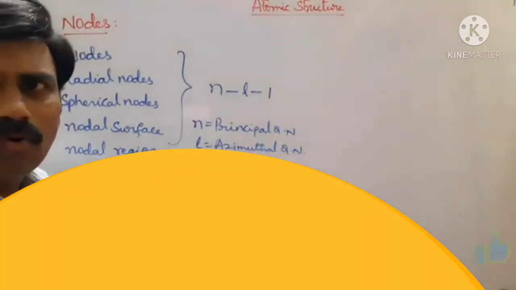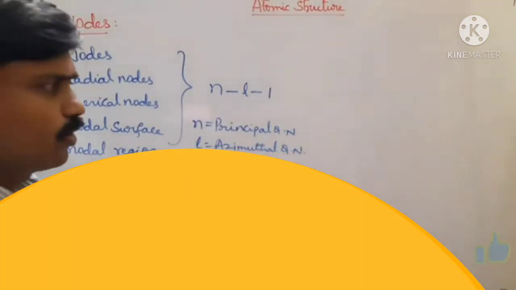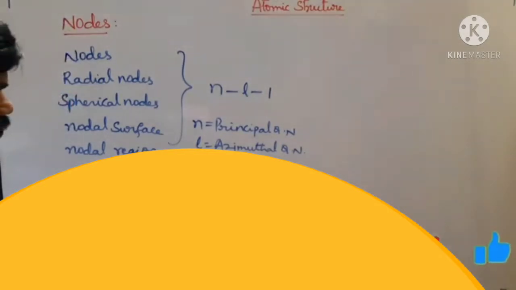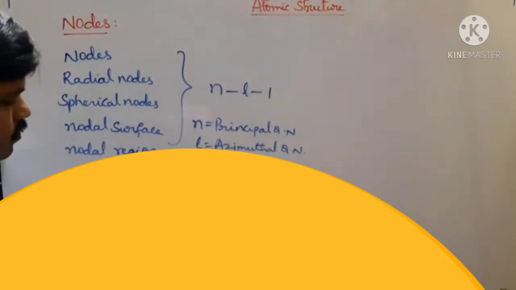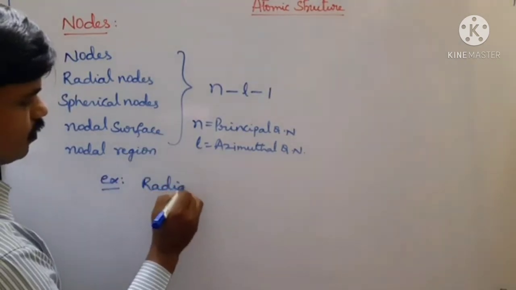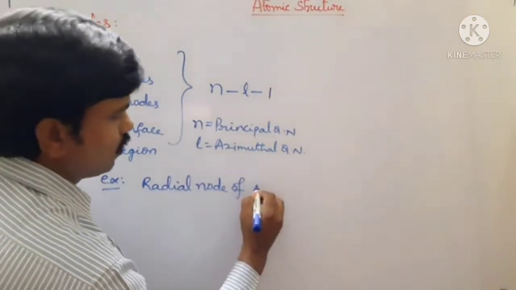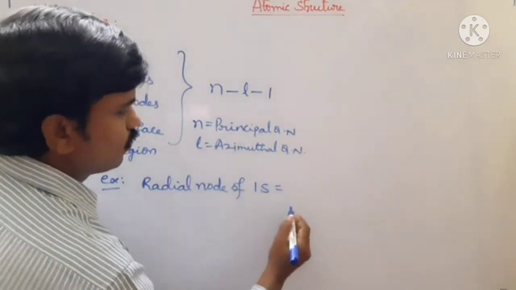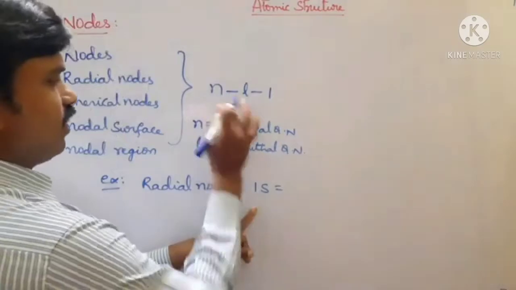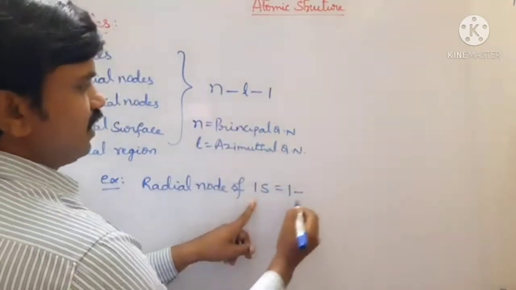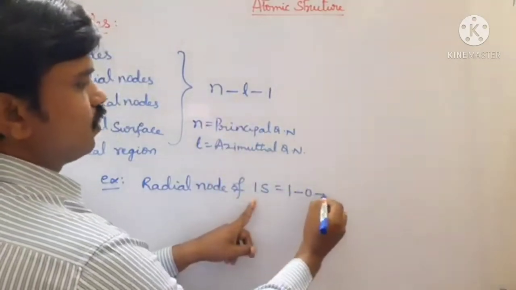Look at an example for calculating node or radial node. Radial node of 1s orbital is equal to: for 1s orbital, n value is 1 minus L value for s orbital 0 minus 1.